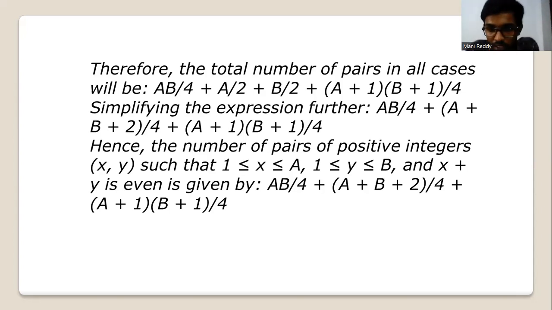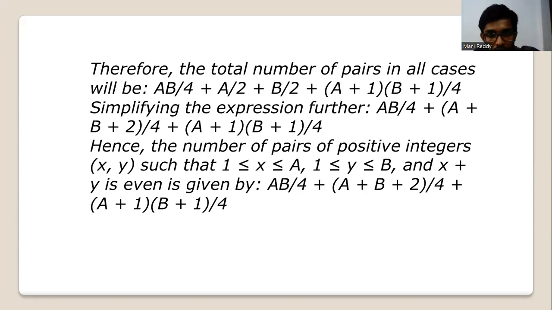Hence, the total number of positive pairs x, y such that 1 less than or equal to x less than or equal to a, and 1 less than or equal to y less than or equal to b. Here x lies between 1 and a, y lies between 1 and b, and x plus y must be even.